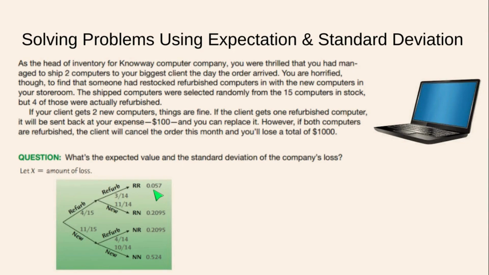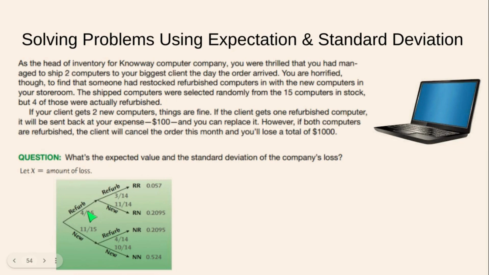All right. Those odds would be 4 out of 15 times 3 out of 14, which is a little north of 5.5%. We could then pick a refurbished and then a new, followed by a new and then a refurbished. But those are technically different scenarios, all right? Because there are 2 different laptops. And so if we consider the first to be, say, laptop number 1 and the second to be laptop number 2, there are 2 different ways that we could get 1 refurbished and 1 new.